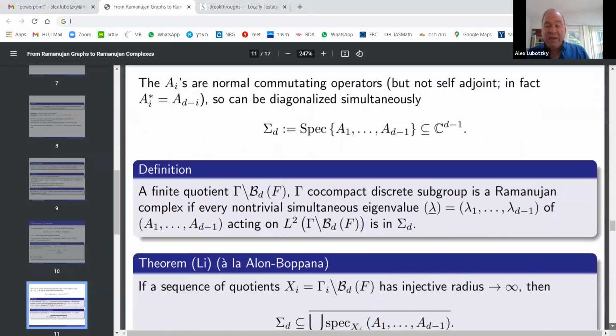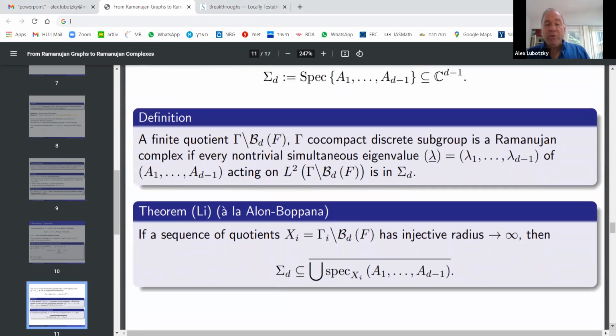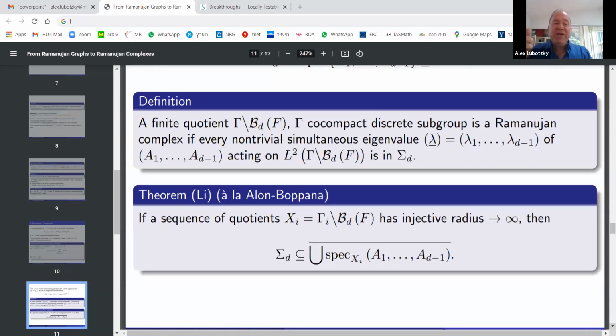I want just to say that now you can guess what will be the definition of a Ramanujan complex. You remember what a Ramanujan graph was? A Ramanujan graph was such a quotient of the tree such that all the non-trivial eigenvalues are in the spectrum of the tree. Now, if we divide the building by a co-compact discrete subgroup, we call it a Ramanujan complex if every non-trivial eigenvalue is inside the good set. What is an eigenvalue now? An eigenvalue now is not a number.